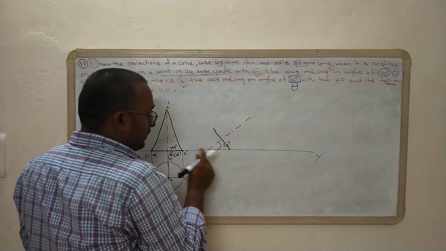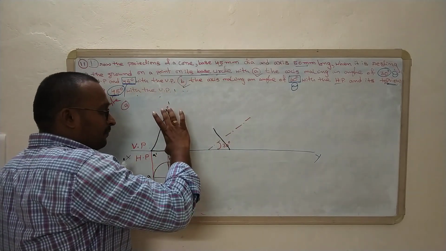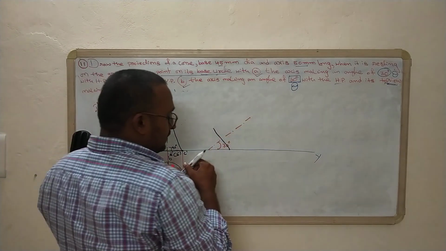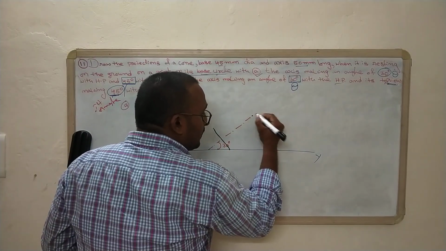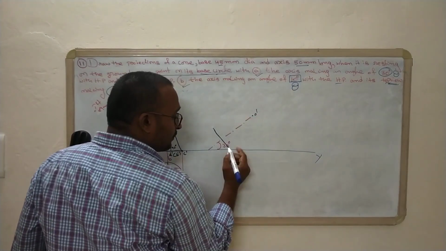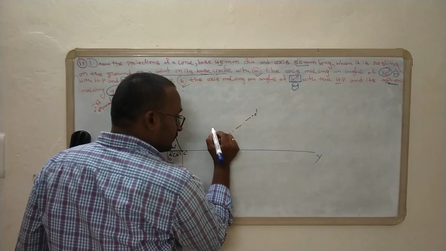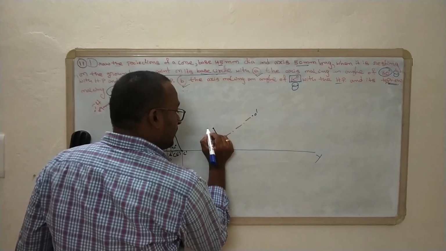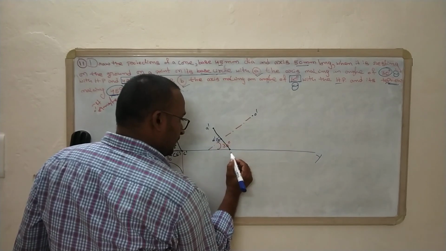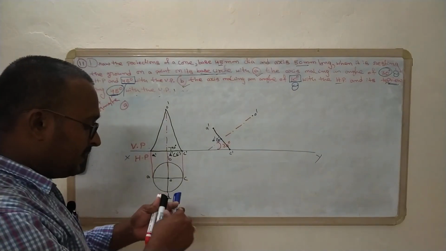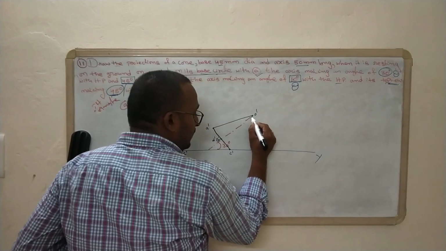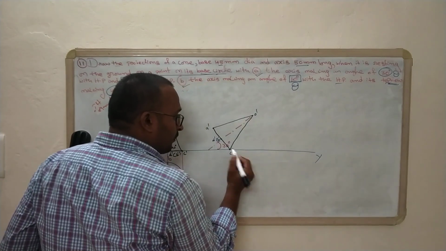Then with 50 mm as radius and D dash as center, cut an arc onto the same, and you will get C dash. Here it is O dash, A dash, D dash, B dash, and C dash. Then you need to combine all of them to get the second stage front view.